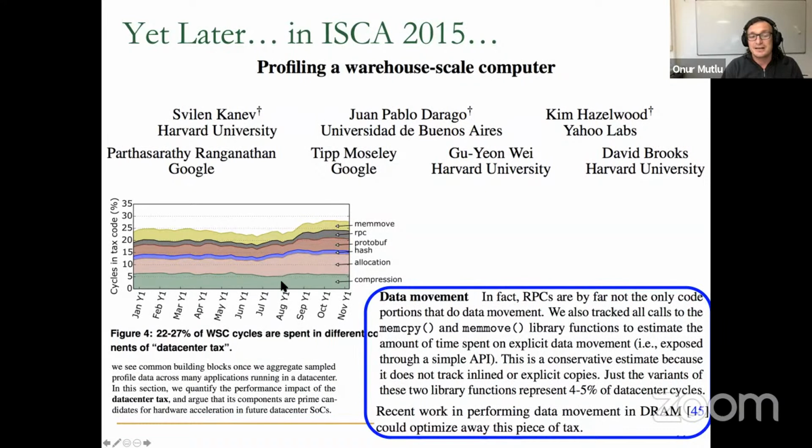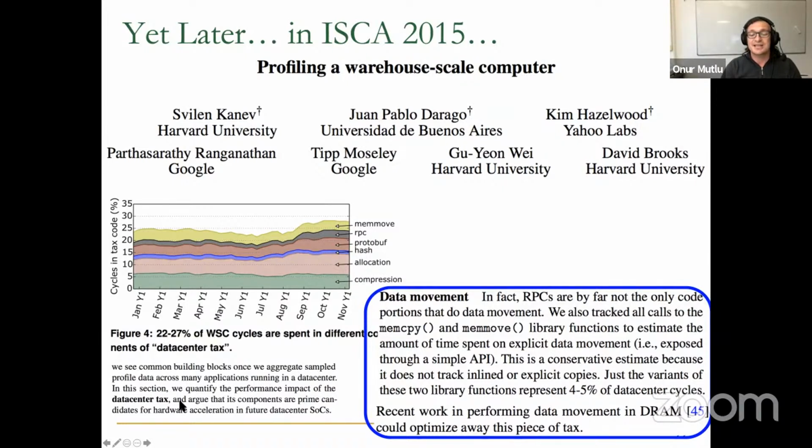But basically, these folks analyze all of the workloads in Google's data center, and they show where the cycles get spent. And they attribute some of the cycles to what they call the data center tax. This is basically the tax of data movement, for example, compression, allocation, protocol buffers, hashing, RPC, remote procedure calls, and memmove, which is significant, as you can see over here.